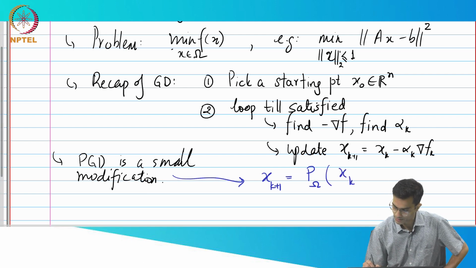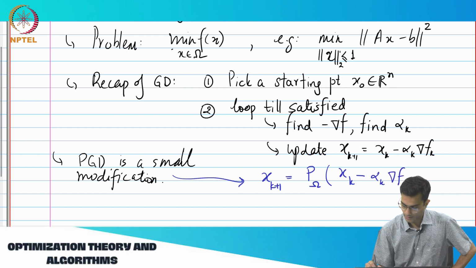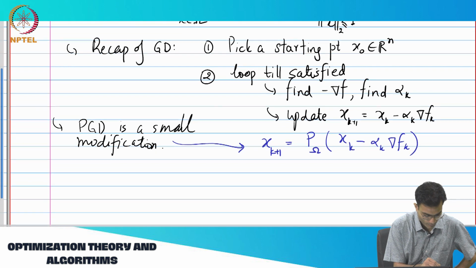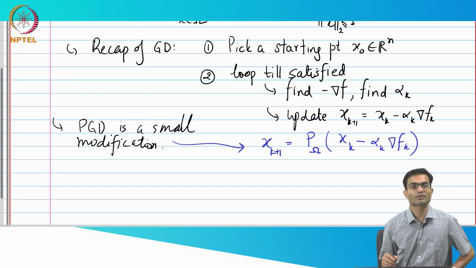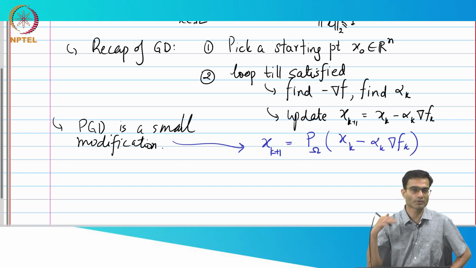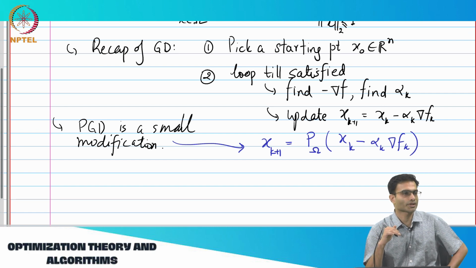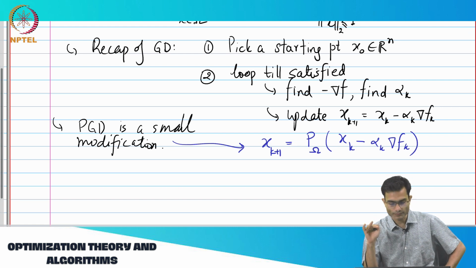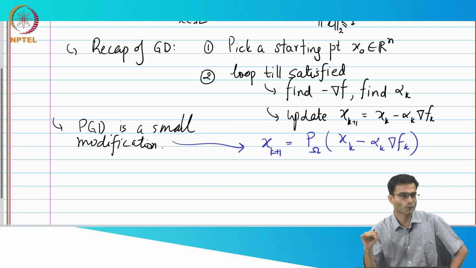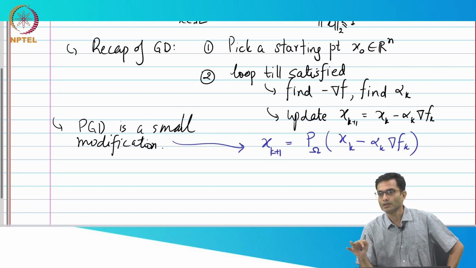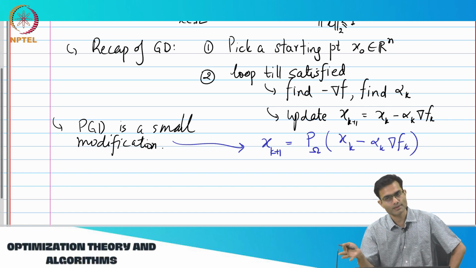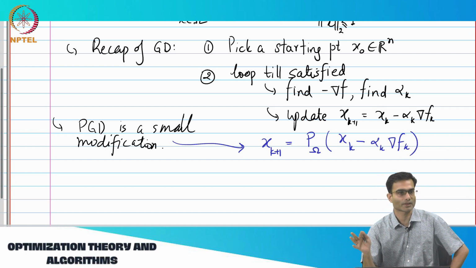The same thing, x k minus alpha k grad f k. In a nutshell, this is what projected gradient descent is. You do vanilla gradient descent, but you do a projection step. So this ensures that x k plus 1 is feasible. And that's about it. This surprisingly simple procedure has its own proof of convergence. It actually works.